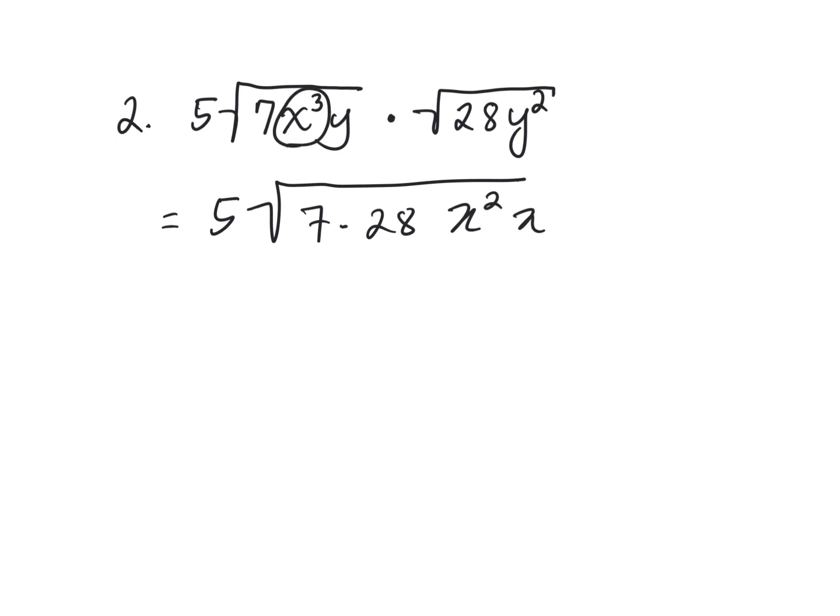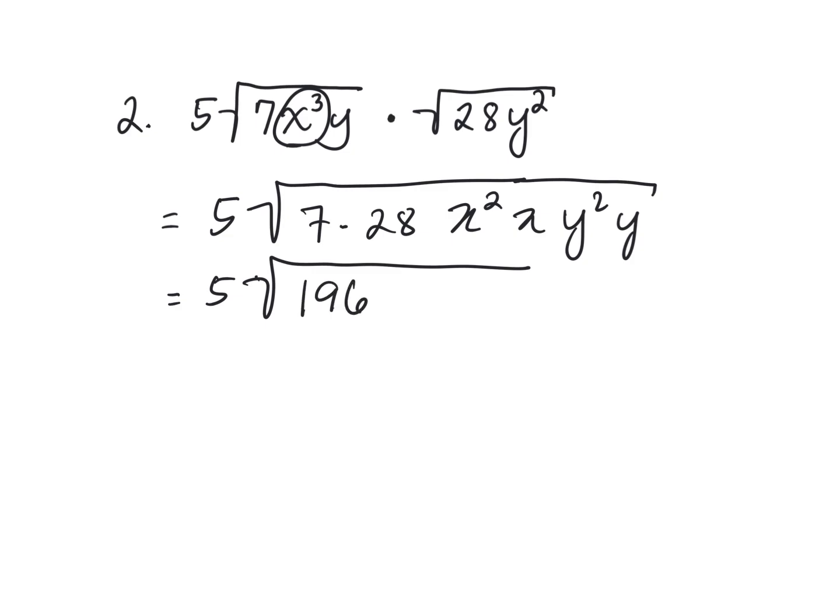I'm breaking this apart. Then you have y squared and then y. 7 times 28 is going to give you 196. That's going to give you 196, x squared, y squared, and then x and y.